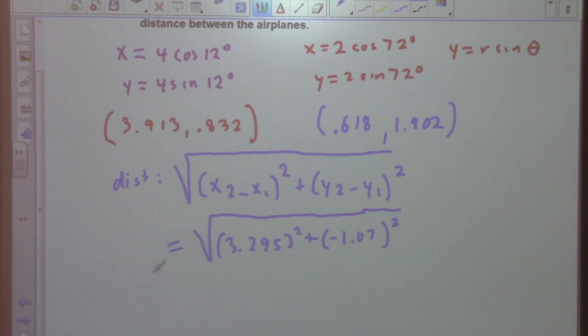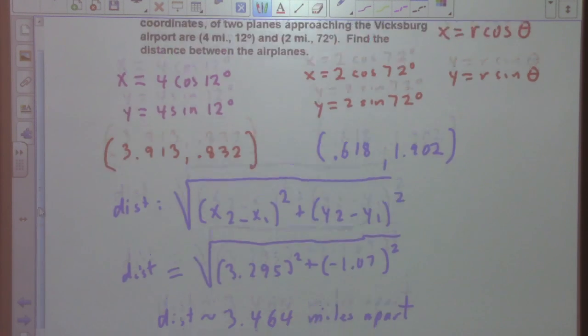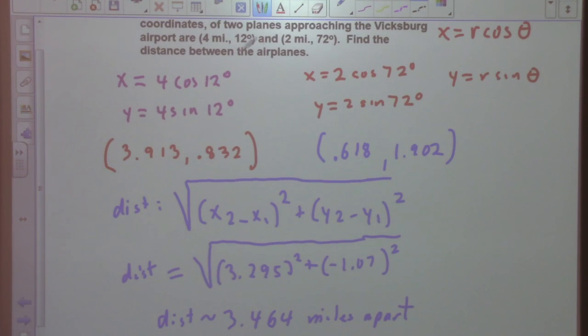So the distance is 3.464 miles apart. So you're taking that polar data found from a radar or something like that, and then you're able to go ahead and use our distance formula to see how far they are apart. So I think that's a pretty good little application.